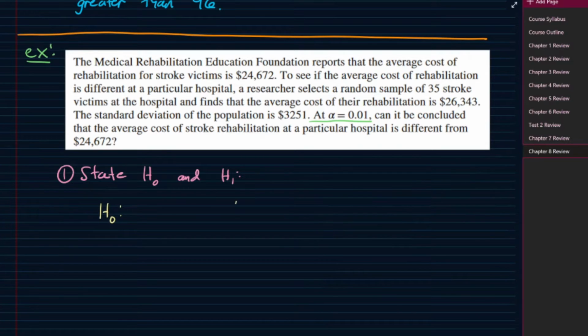What is our null and alternative hypothesis here? Our null hypothesis, we're assuming that the mean is 24,672. It tells us that in the first sentence, it says that the population average is 24,672.